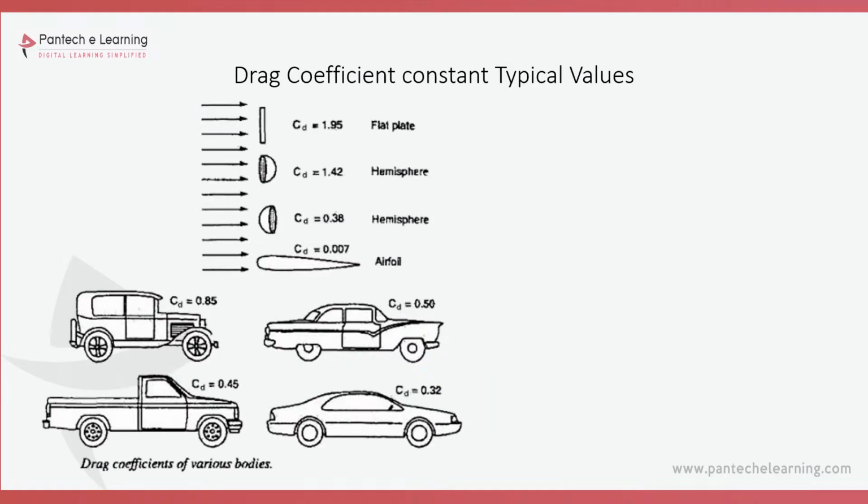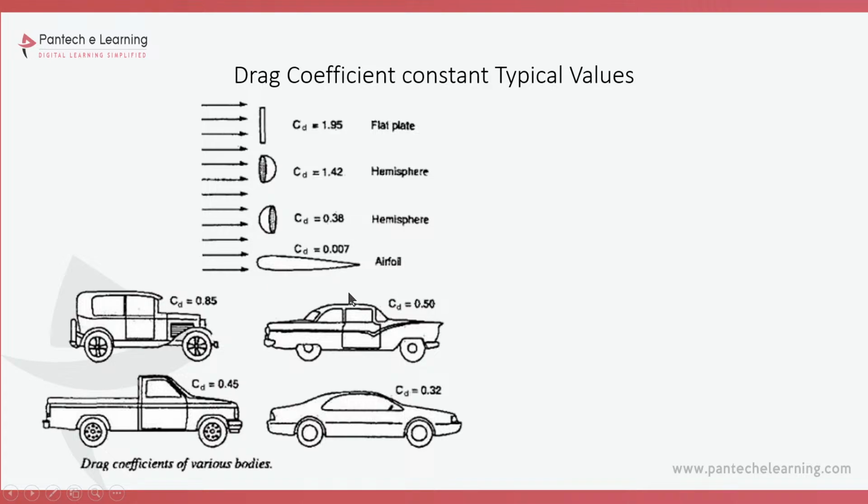Now, drag coefficients of typical vehicles. For a flat plate, the drag coefficient is 1.95. C_D is 1.42 for a hemisphere. Here the hemisphere facing this side is 0.38, and when it is sharp it is 0.007. For the flat face the value is 0.85.